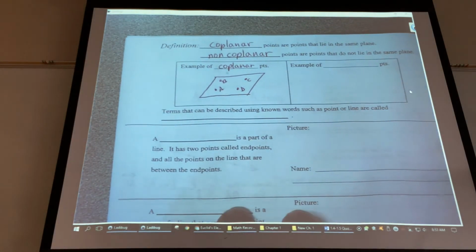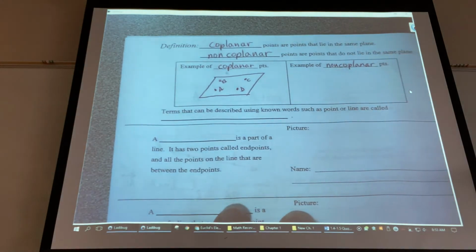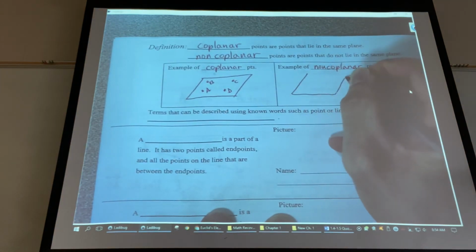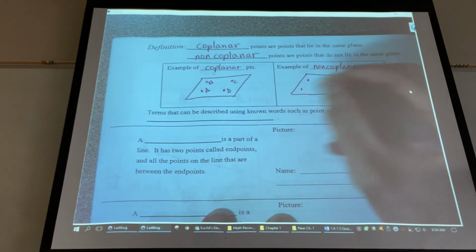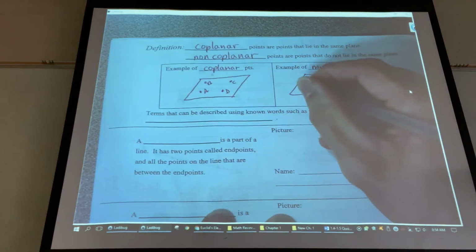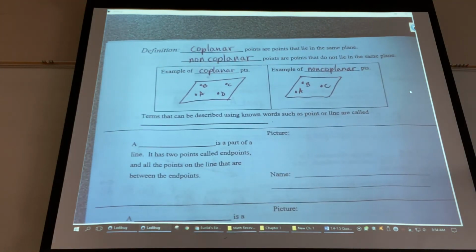And then an example of non-coplanar points. Go ahead and draw a plane. Put a few points in there. But where would we have to put another point in order for them to be non-coplanar points?